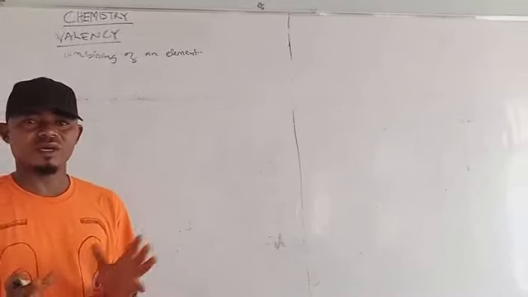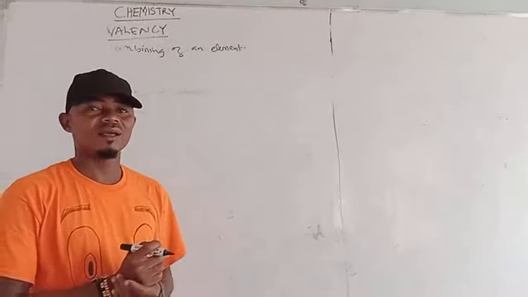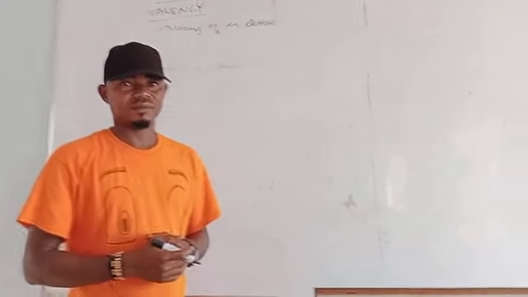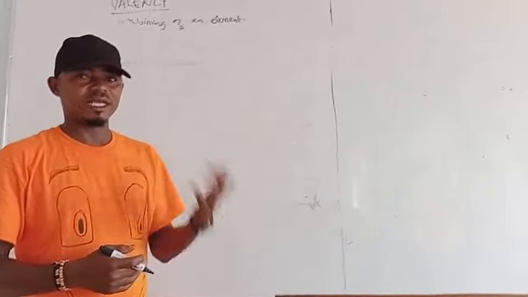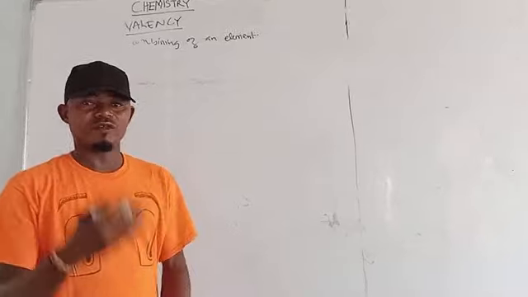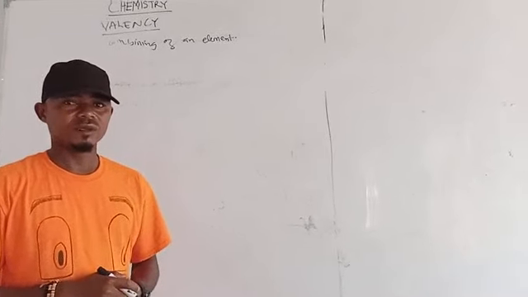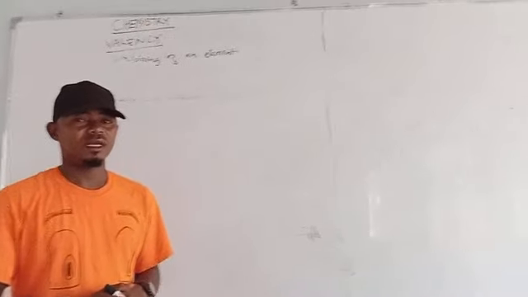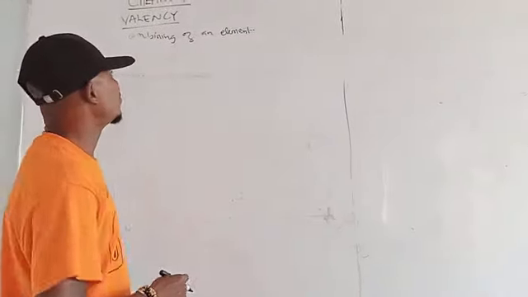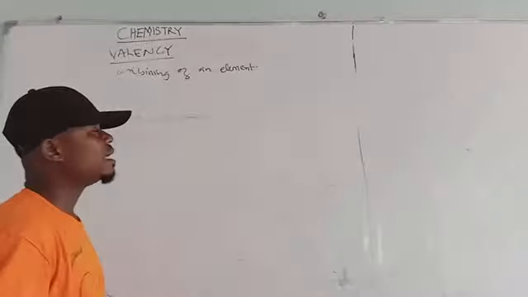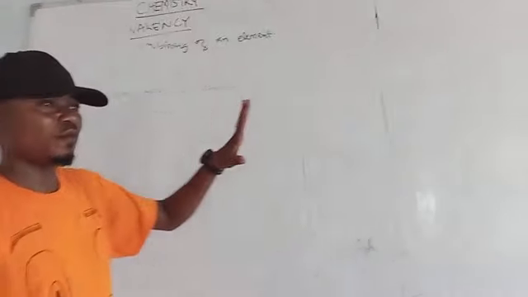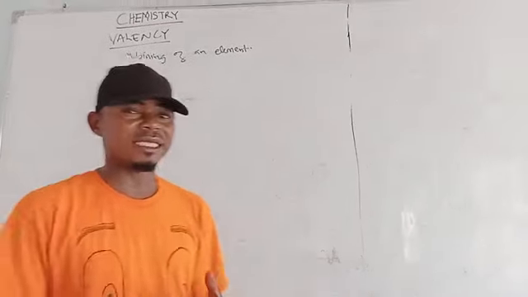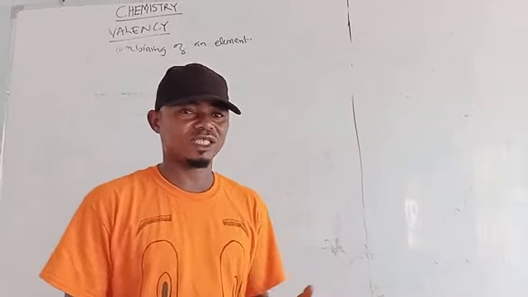Every element has its own characteristic property depending on the number of electrons it has in the valence shell, either the number of electrons it can give out or the number of electrons it can accept. So there are distinct valencies for every element in a group. Note this: every element is trying to attain a state in reaction called the octet structure.